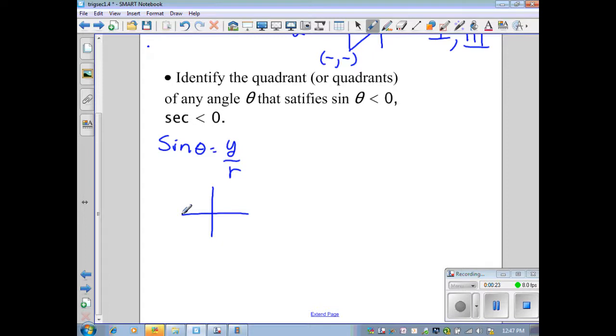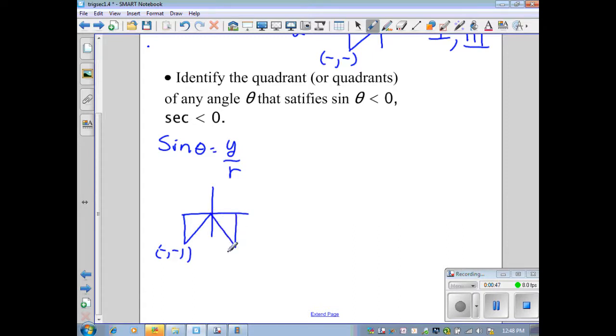So if we take a look at a coordinate plane, the two locations where my y value is negative is going to be in quadrant 3, where my x value is negative and my y value is negative. And in quadrant 3, a negative y over a positive r gives me a sine theta that will be less than 0. Another quadrant is going to be quadrant 4.